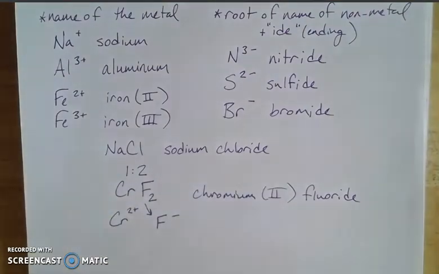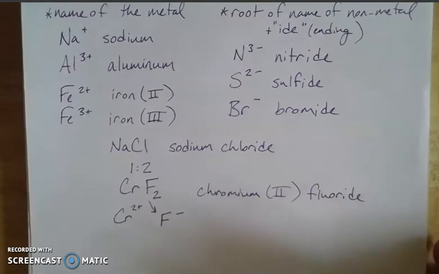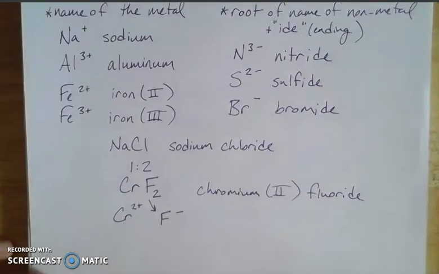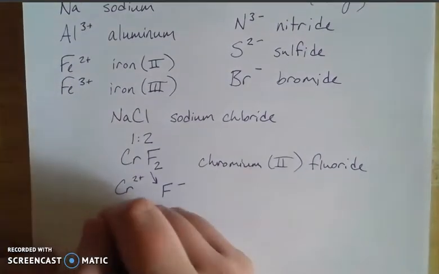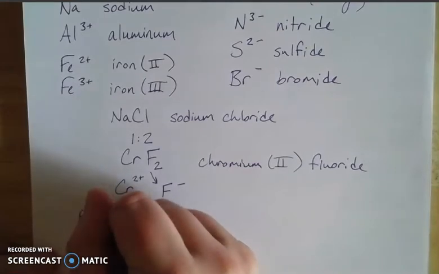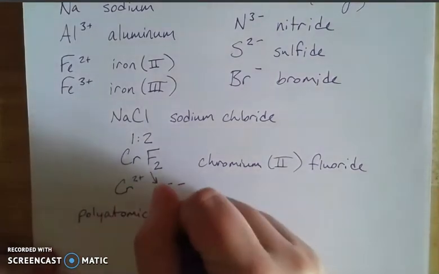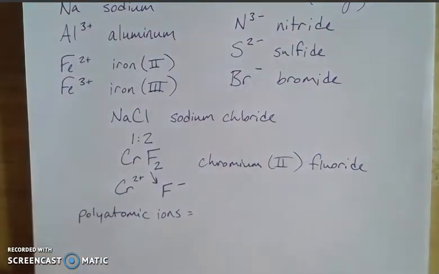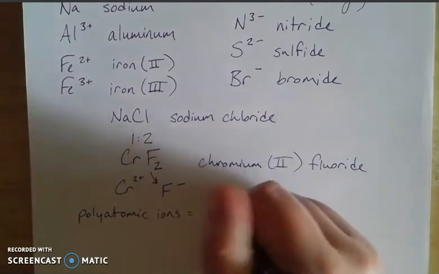Okay, now the other wrinkle to all of this, because I said of course it is this simple and this complicated, is that we also have groups of elements that have charges on them, and we call these polyatomic ions. And kind of what they are is right in the name, right? Polyatomic, many atoms that have a charge on them.